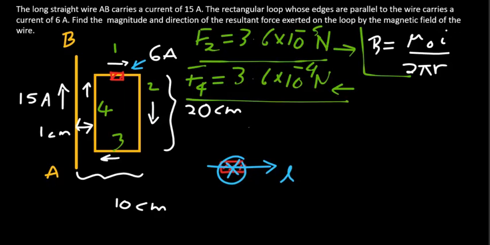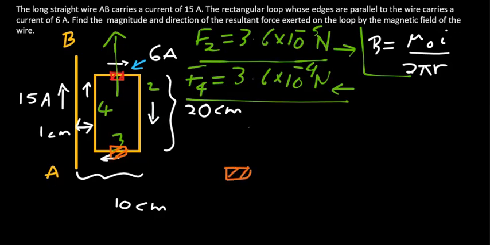So that is vector L for that red segment, and that is the magnetic field. When you cross from L to B, L cross B will give you an upward direction. So the direction of magnetic force on that red segment, which happens to be on segment 1, is in an upward direction.